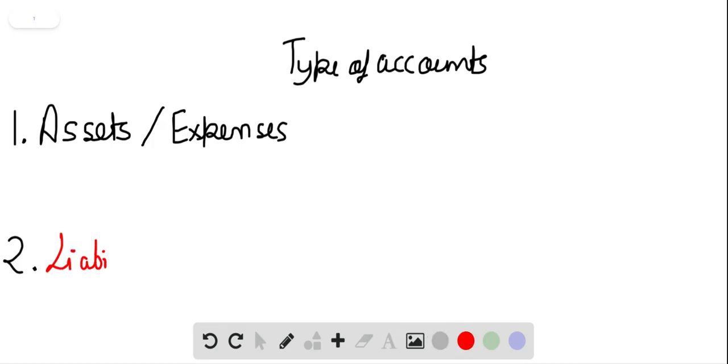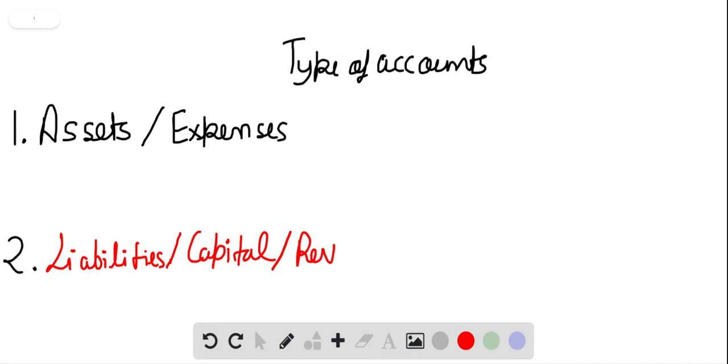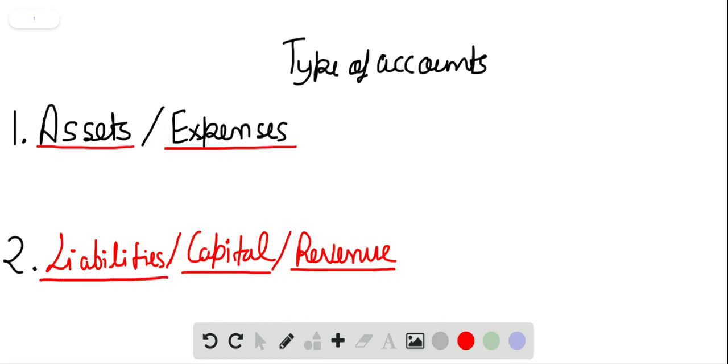Liabilities, capital, and revenue. So we understand what the meaning of asset, expenses, revenue, capital, and liabilities is.